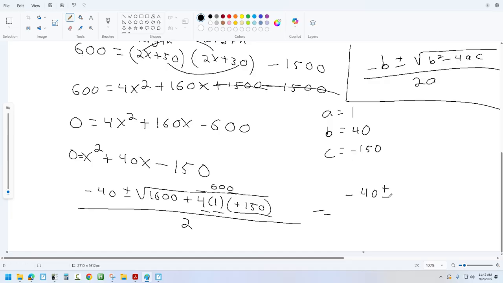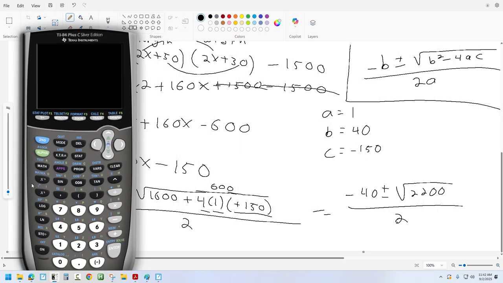Negative 40 plus or minus the square root of, what's 1600 plus 600? 2200. All divided by 2. Now we just have to put that in and see what we get. Well, let's type it in.